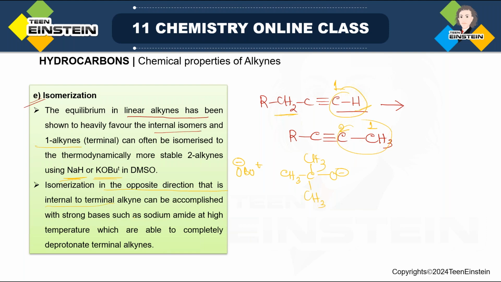So moving from internal to terminal alkyne can be accomplished with strong bases such as sodium amide, and we also have to use a very high temperature. Then only it is possible.